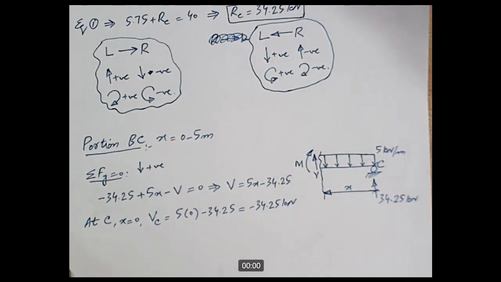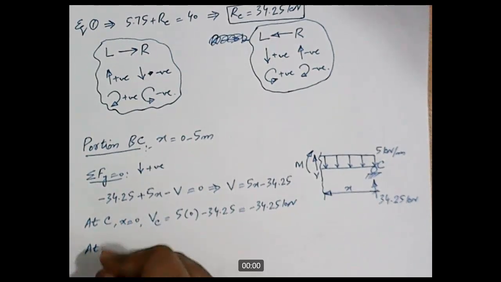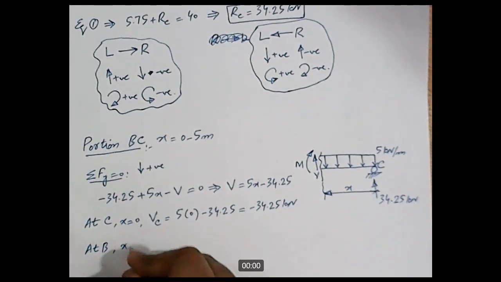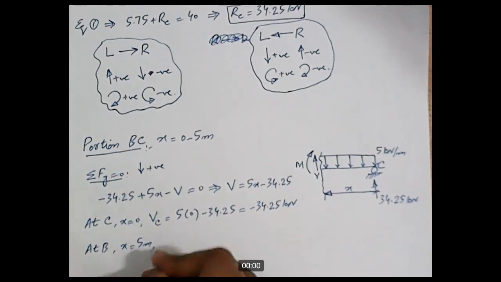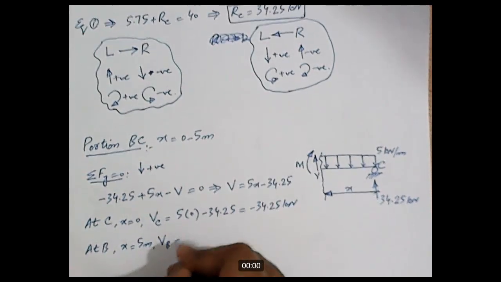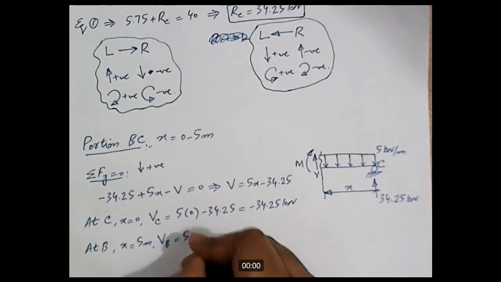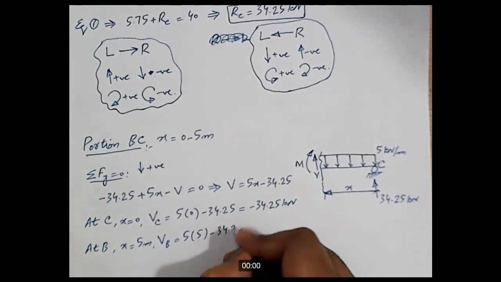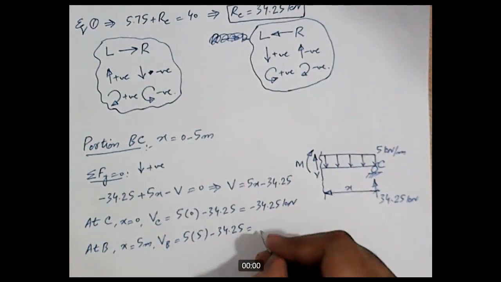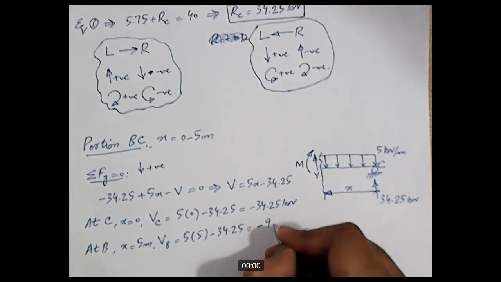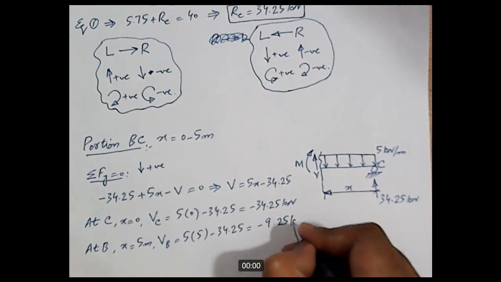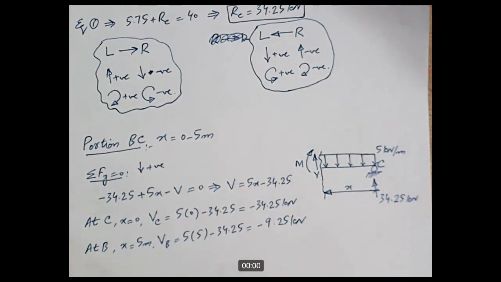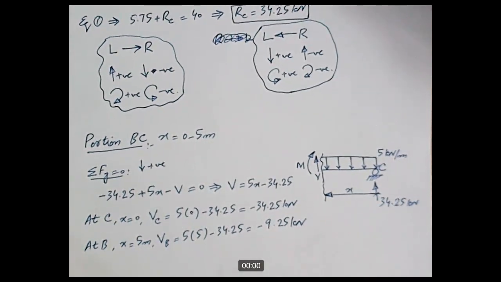So VC is minus 34.25 kilonewton, and at B, x is equal to 5 meters. So VB is equal to 5 into 5 minus 34.25, and this is equal to minus 9.25 kilonewton. So we have got the values of VB and VC.